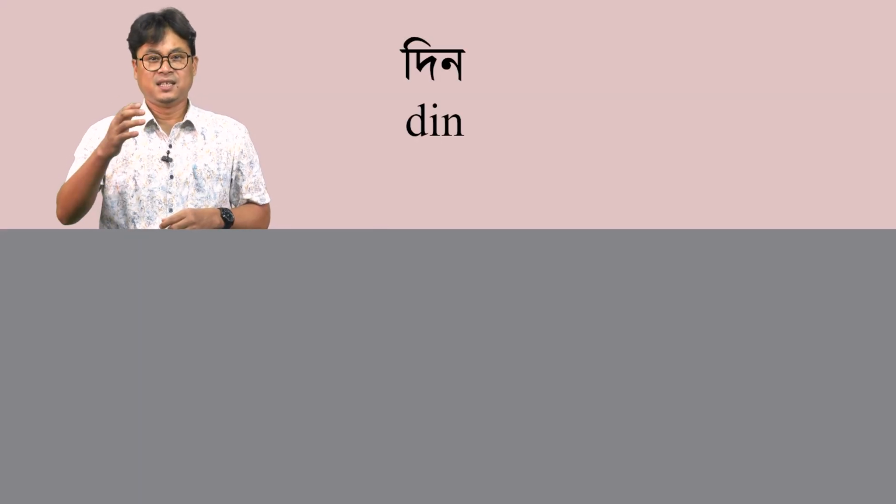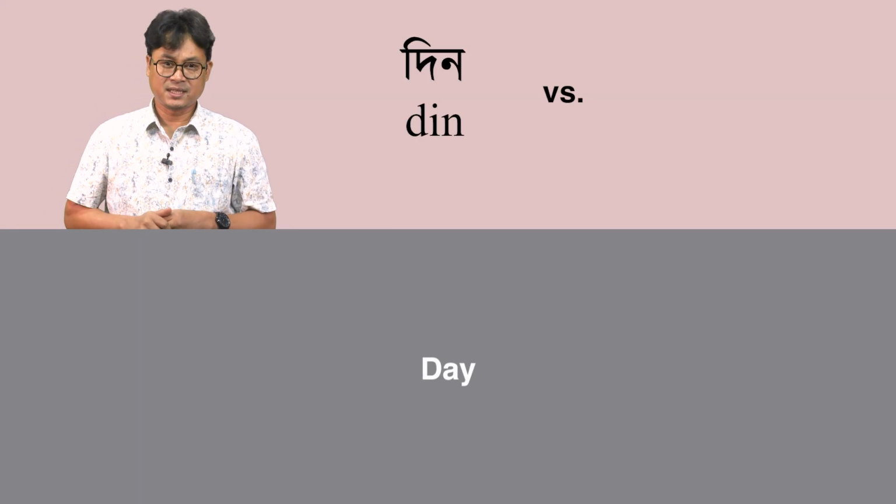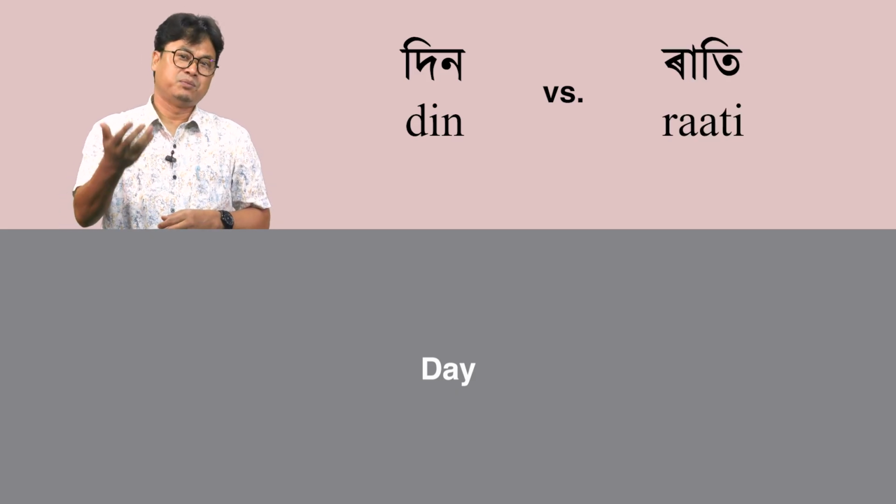Similarly, we can take din. Din means day versus rati. Rati means night. This pair represents opposite periods of time in a day. Such oppositions are fundamental to language because they help speakers express contrast and distinction.